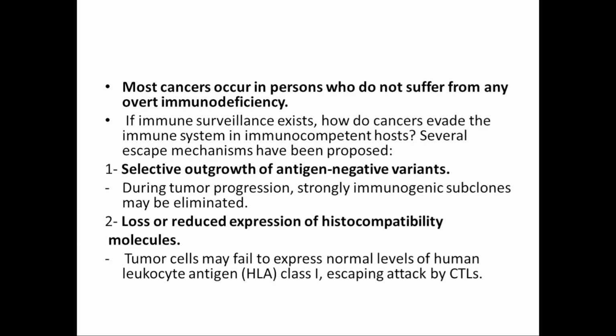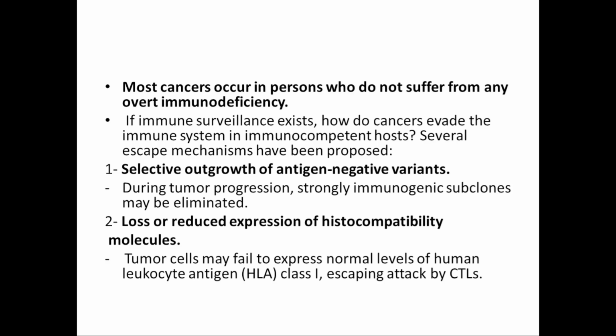So how do tumors evade the immune system? So the first thing is selective outgrowth of antigen-negative variants. Cells اللي ما عليهم كثير antigens على السيرفس they grow أكثر، يعني بصير التيومر مكون منهم أكثر شيء، يعني predominantly or the majority of the tumor cells are of this type.